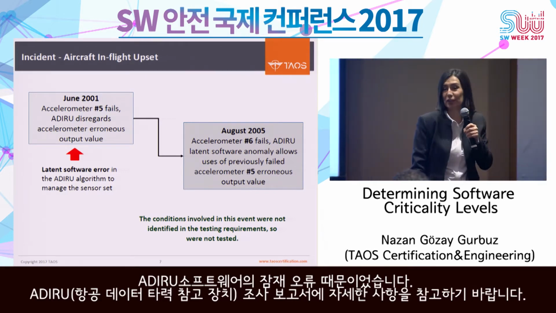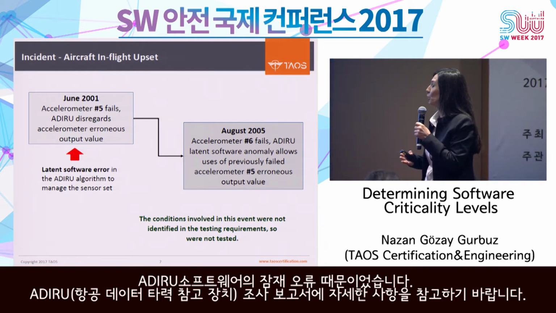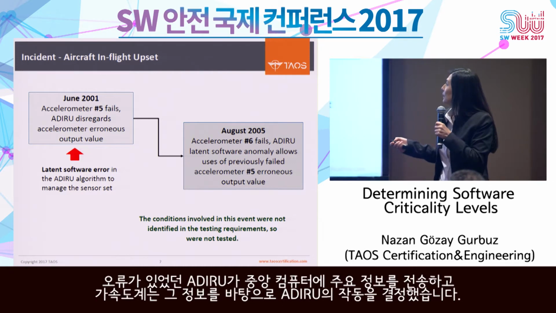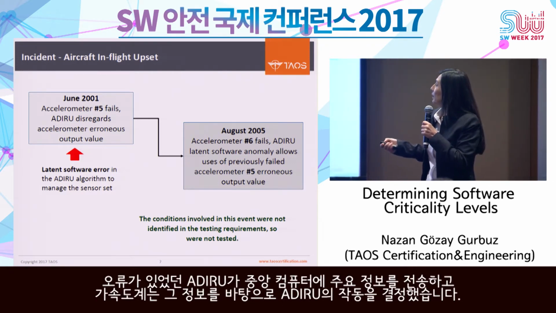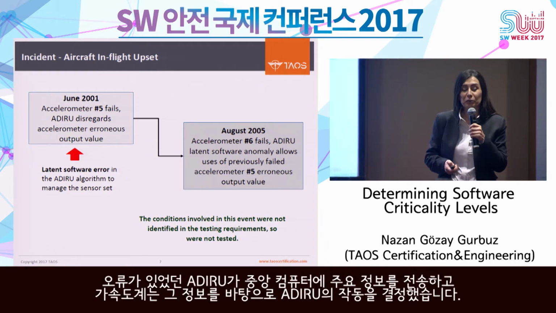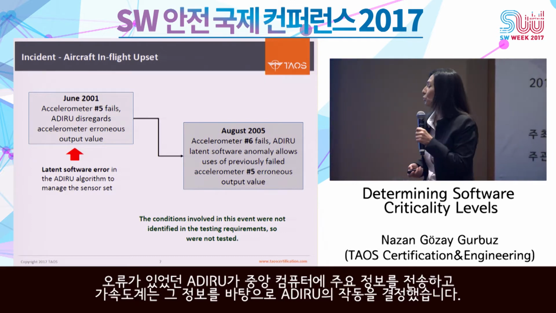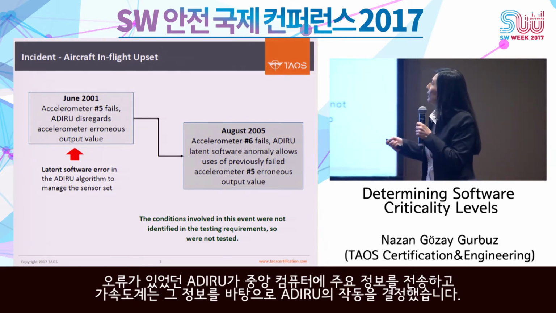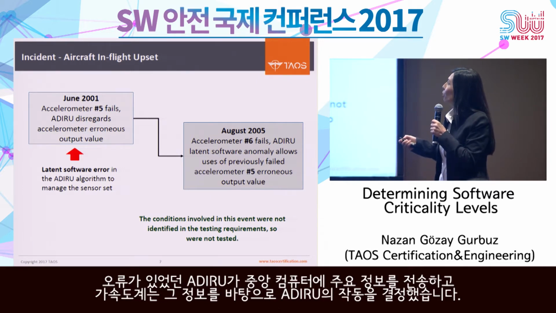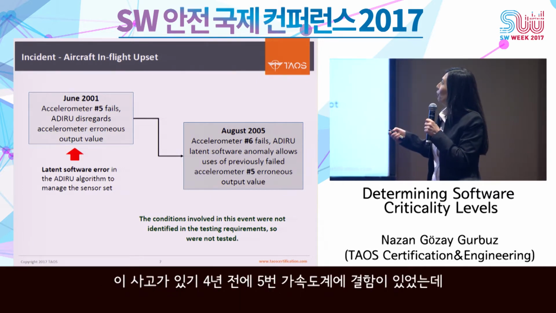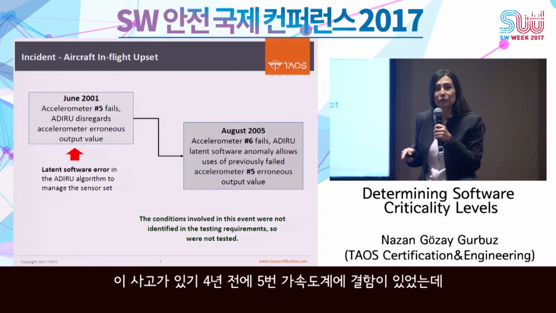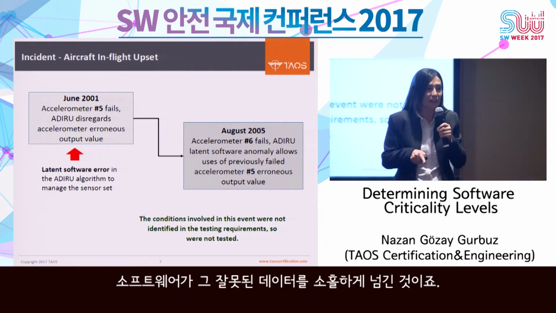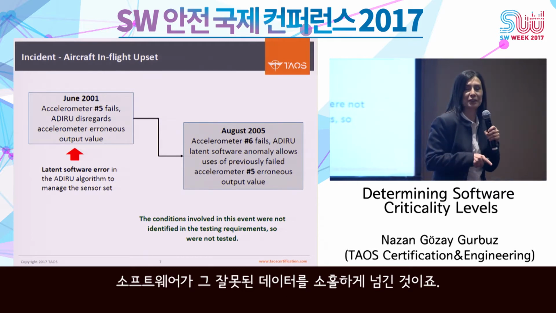The investigation reports are very detailed, you should check them. The latent software error: the ADIRU is sending flight critical information to the primary computer, and the accelerometers provide data to the ADIRU. Four years before the incident, one of the accelerometers, number 5, failed, but software disregarded that accelerometer's erroneous data.